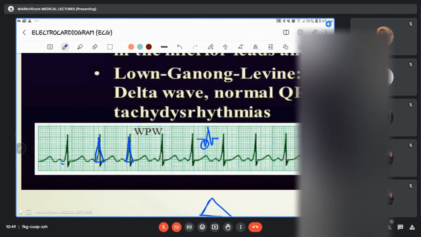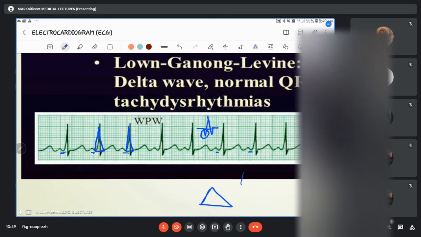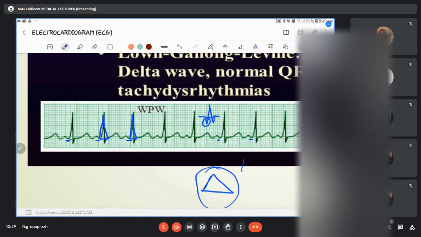That's why you can see that here is short, here is short, here is short, making it equal with this isoelectric line. Here too is short, here is short. So making it more delta. Like I said, this is the delta shape you have in Wolff-Parkinson-White.